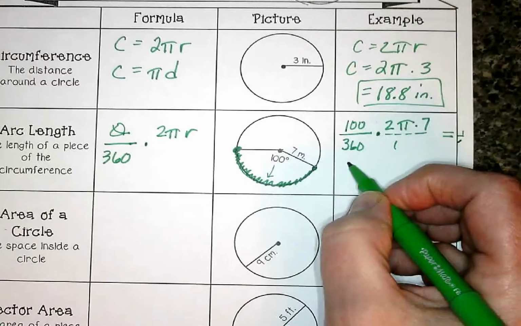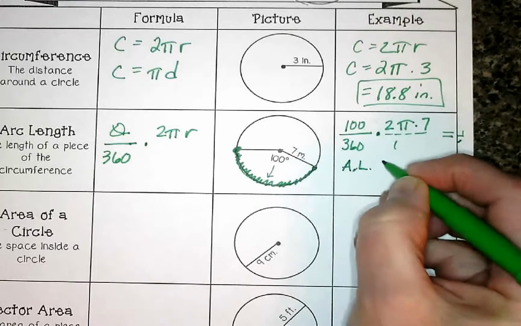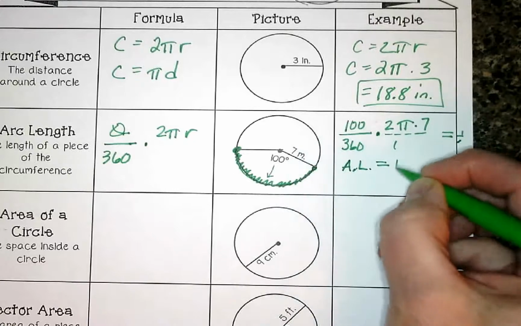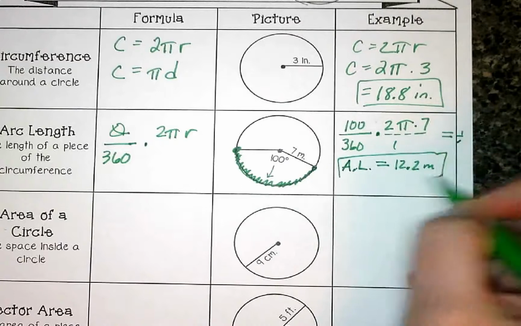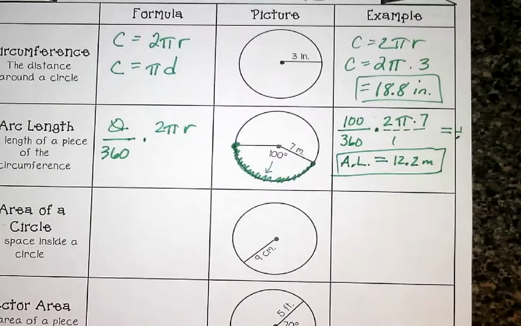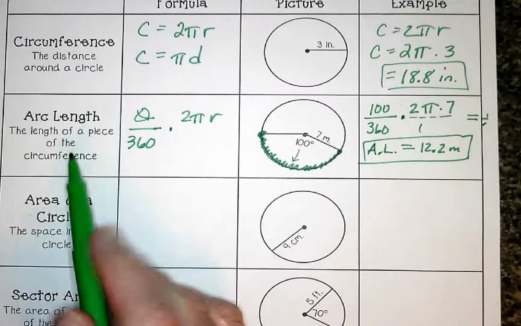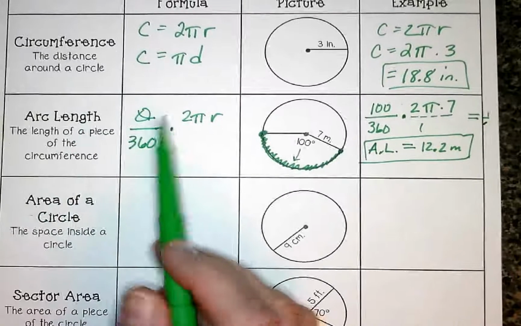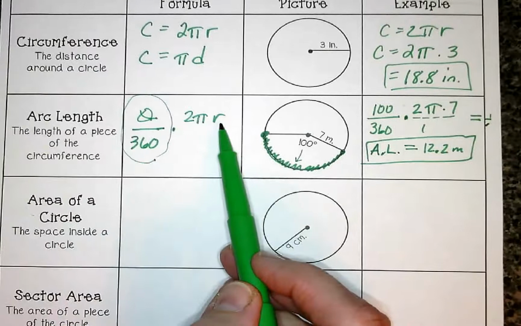That will tell me the arc length, and usually we just use AL for arc length, which is going to equal 12.2. Now if you use your calculator and don't get 12.2, please ask so I can show you for sure how that goes into the calculator. So again, arc length is just a fraction or a part of the circumference.